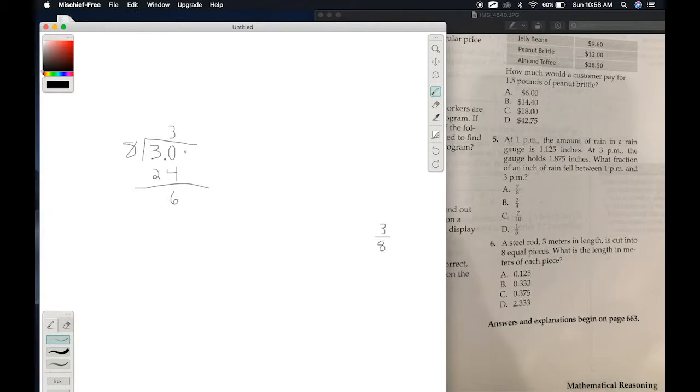Does 8 go into 6? It does not, so put another 0 there. So now we can bring down the 0. 8 goes into 60. How many times? Okay, it goes in there 7 times. 7 times 8 is 56.